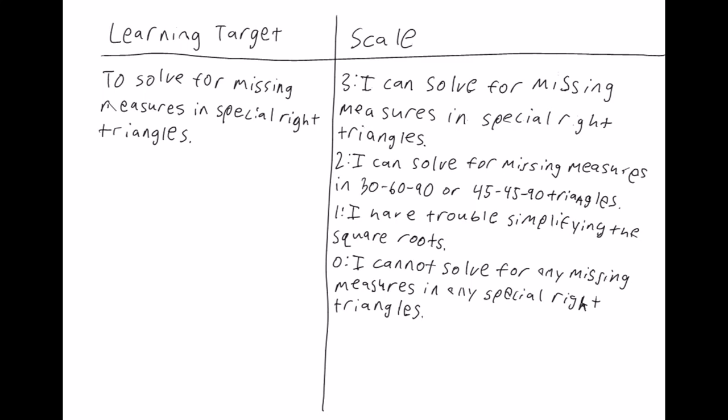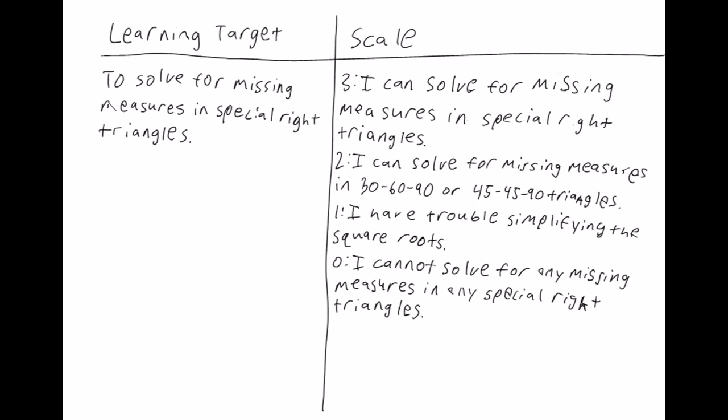The learning target for today is to solve for missing measures in special right triangles. For the scale of 3, you can solve for missing measures in special right triangles. 2, you can solve for missing measures in 30, 60, 90, or 45, 45, 90 triangles.